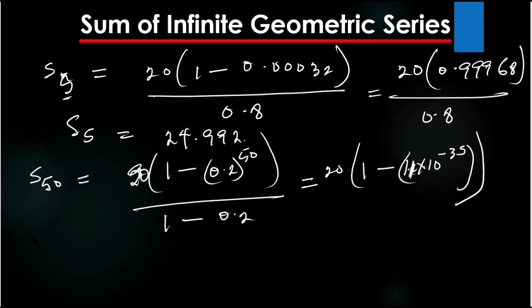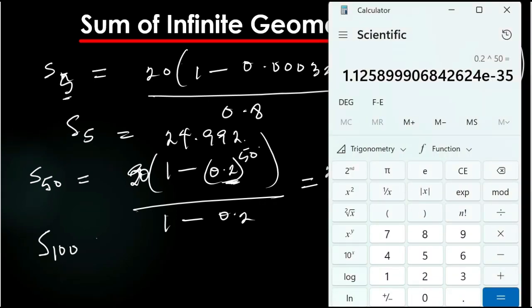If the series is now going to extend to probably 100, if I'm going to have S100, then I'll be raising 0.2 to power 100. So let's see what 0.2 raised to power 100 will look like. When you do 0.2 and raise it to the power of 100, that's about 1.2 times 10 raised to the power minus 70.